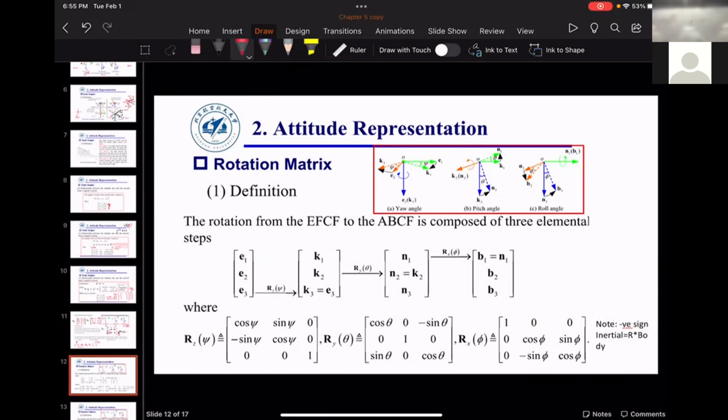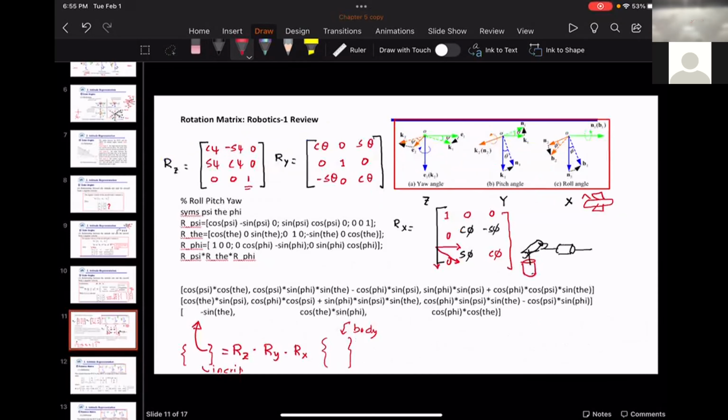Because please understand, the way we have derived it, we have inertial on the left and body on the right. But the textbook has body on the right and inertial on the left. So basically they flip. So what you have to do is perform the transpose of the transformation. But the answers are exactly the same.